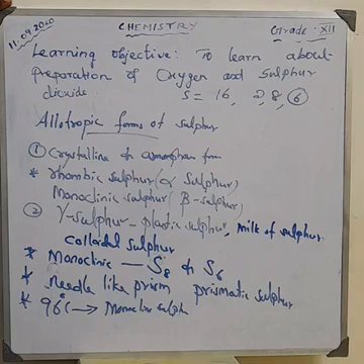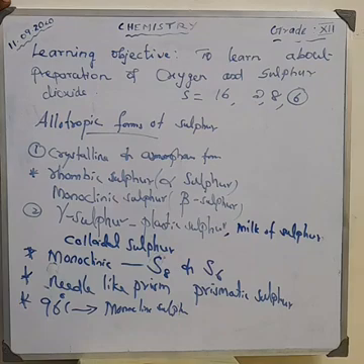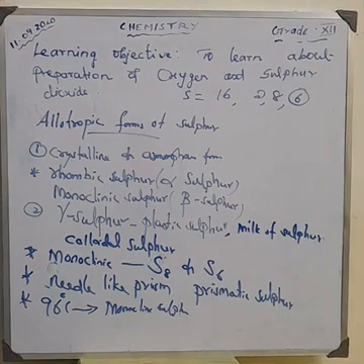Clear? And on cooling below 96 degrees Celsius, the beta form converts back to the alpha form. Okay, it converts back to its original form.